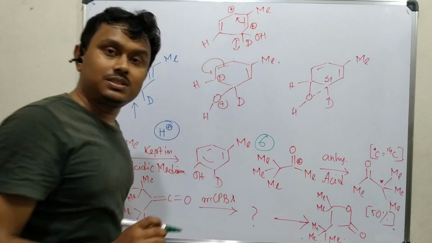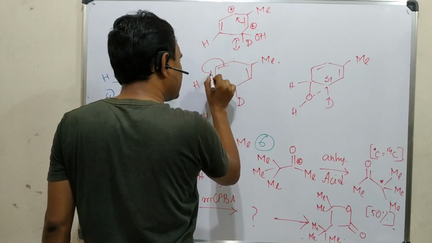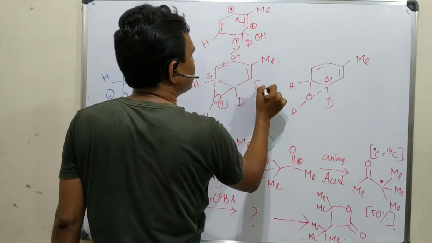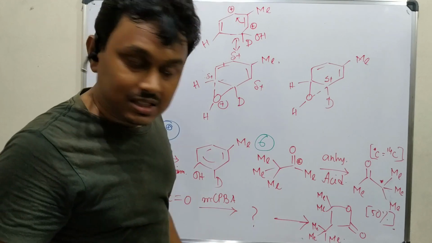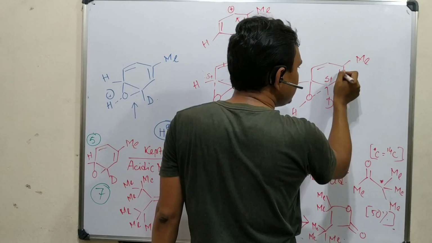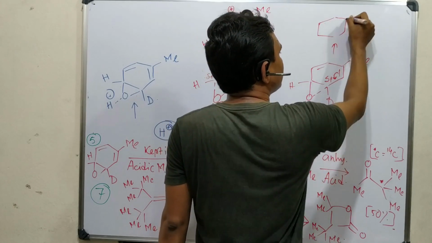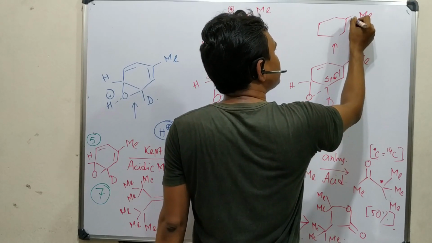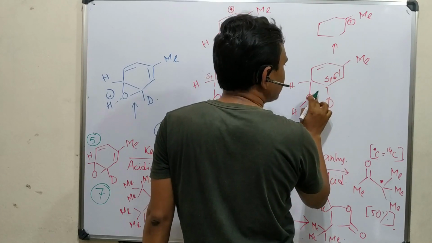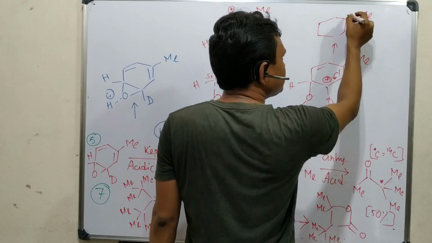So what is the summary of this discussion? For such cases, the positive charge could be here, here and here. But the other case is a little different. In this case, if this bond comes here, what will the structure be? This is methyl, and the positive charge is here. You can think of it this way if you consider that this bond is broken. So the positive charge will come here.